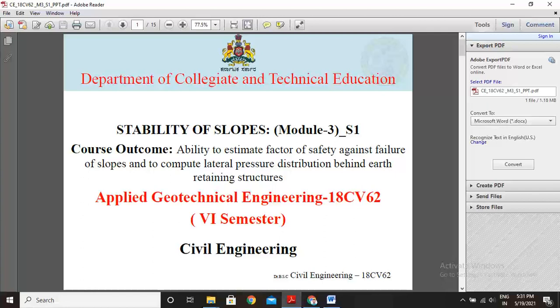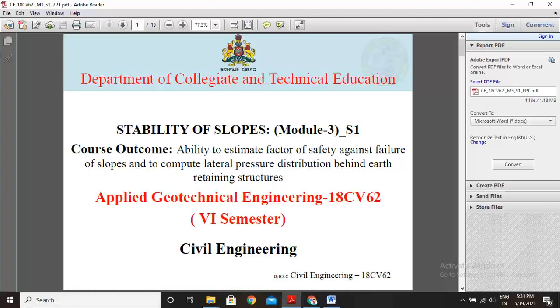So this is the course outcome of stability of slopes and lateral earth pressures. I will once again read out the course outcome: ability to estimate factor of safety against failure of slopes and to compute lateral pressure distribution behind earth retaining structures.